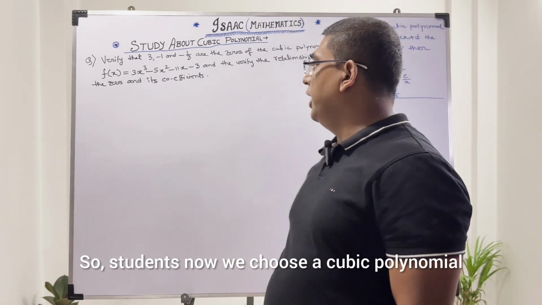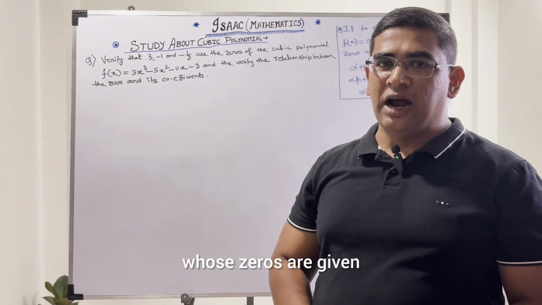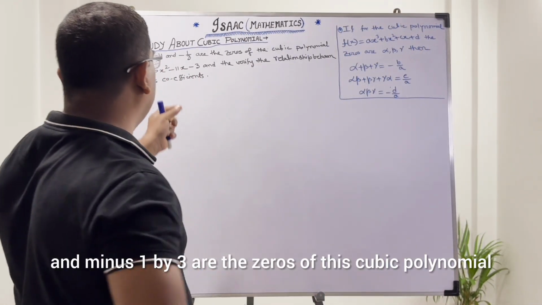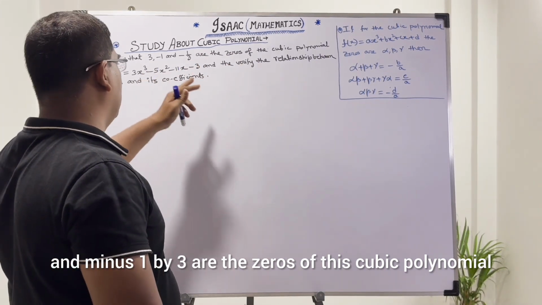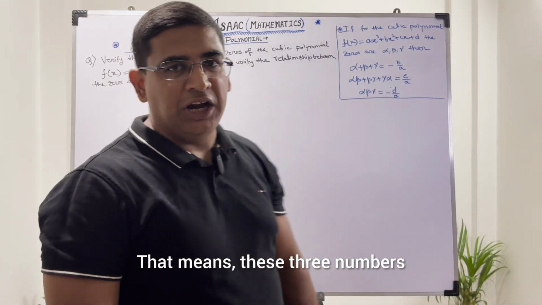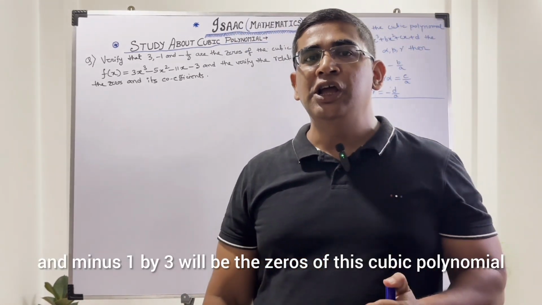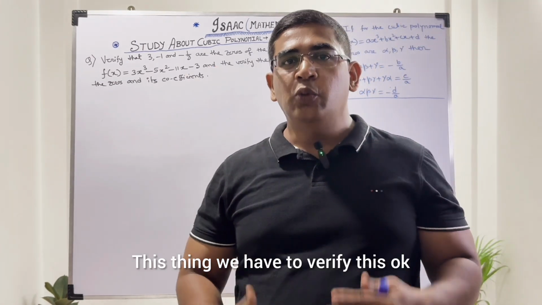So students, now we choose a cubic polynomial whose zeros are given, that is 3, minus 1 and minus 1 by 3 are the zeros of this cubic polynomial. This thing we have to verify.